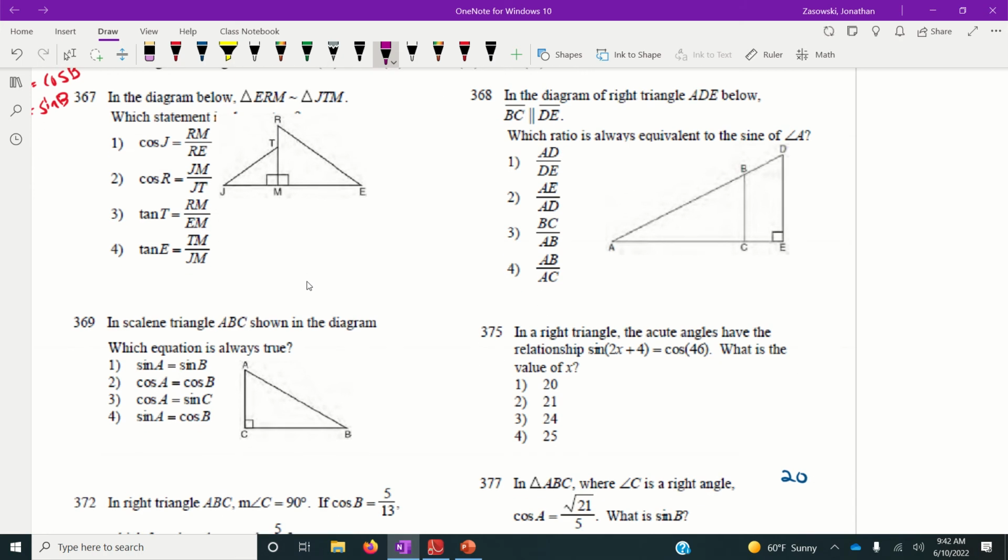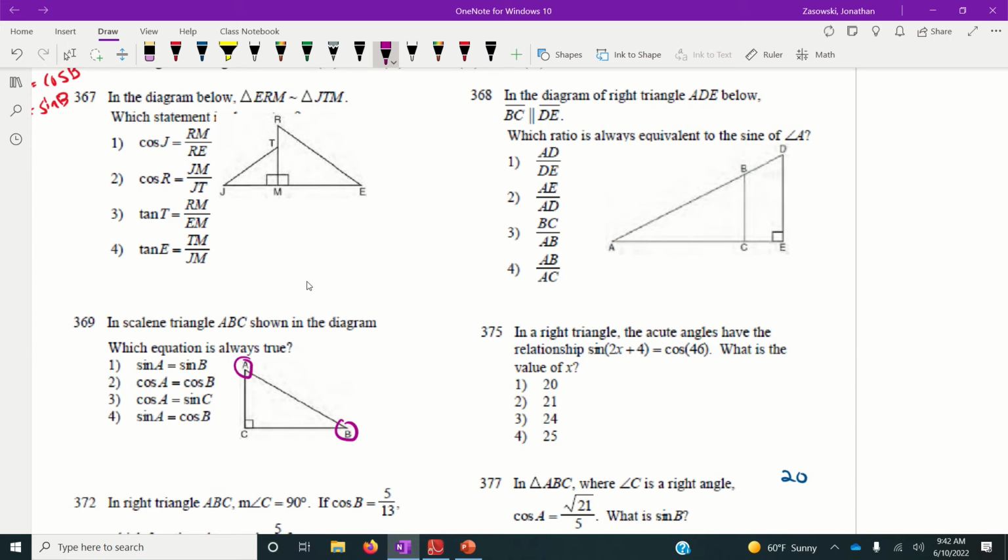So if you look at 369, in triangle ABC shown in the diagram below, which is always true. If we're using A and B, we never use the right angle for SOHCAHTOA, because when we talk about opposite and adjacent for opposite or hypotenuse for sine, it's always the same side, and there's no adjacent leg to angle C. We're not really sure what it is.